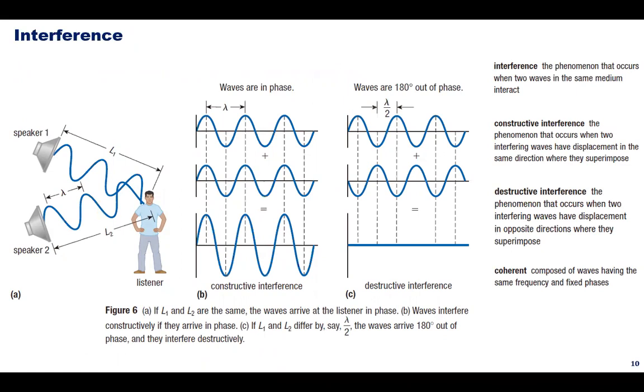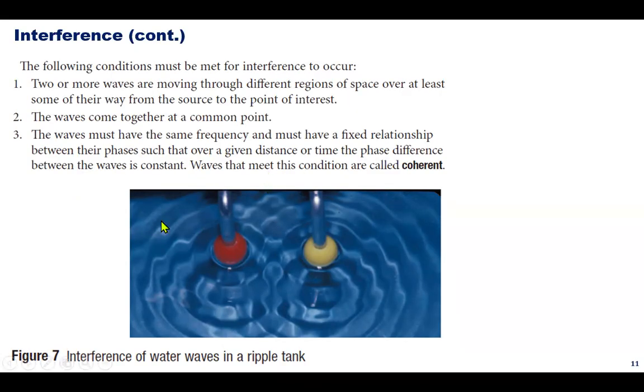So here, figure 7 shows water waves that are interfering. In figure 7, 2 point sources have identical frequencies. The sources produce waves that are in phase and have the same amplitude.